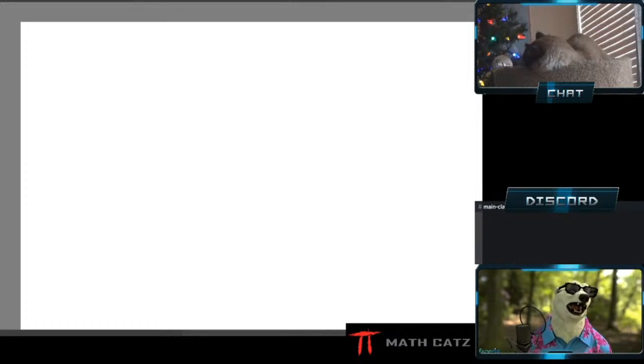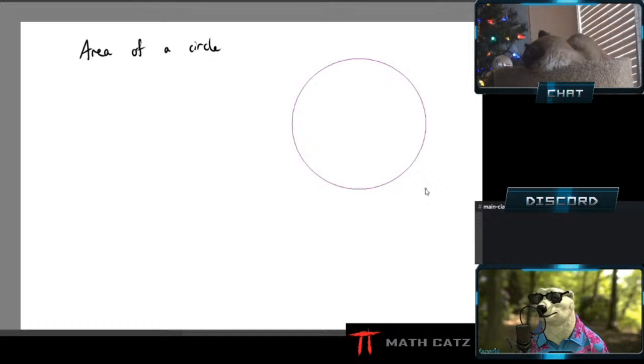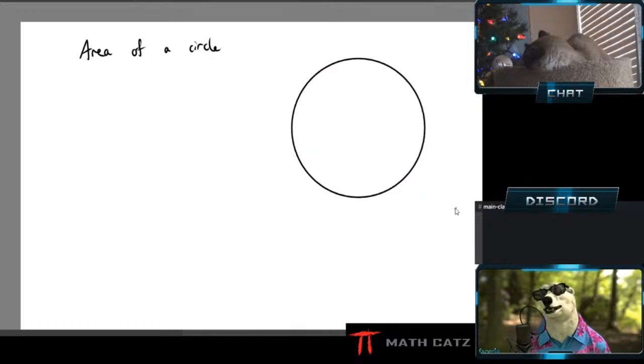I just want to include the circle in this discussion. Now, many of you, if not all of you, know the formula already for the area of a circle. Let's draw a circle here. Circle, looks circular.